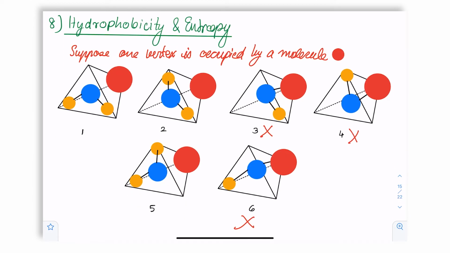Now we can use this little statistical redundancy question to conceptually understand another aspect of Pauling's idea of entropy and put it in the framework of hydrophobicity. And the idea is the following.